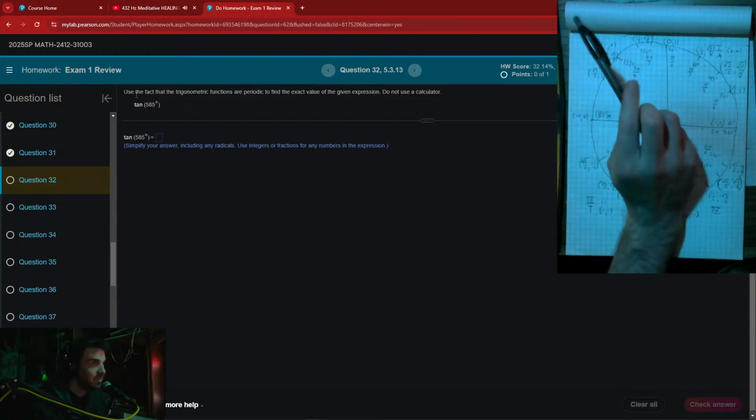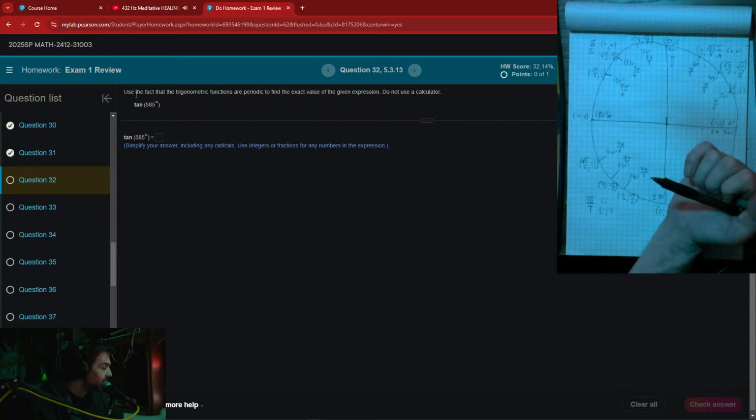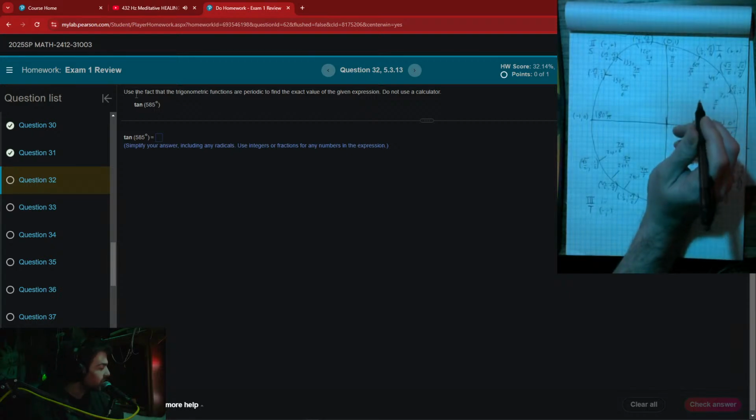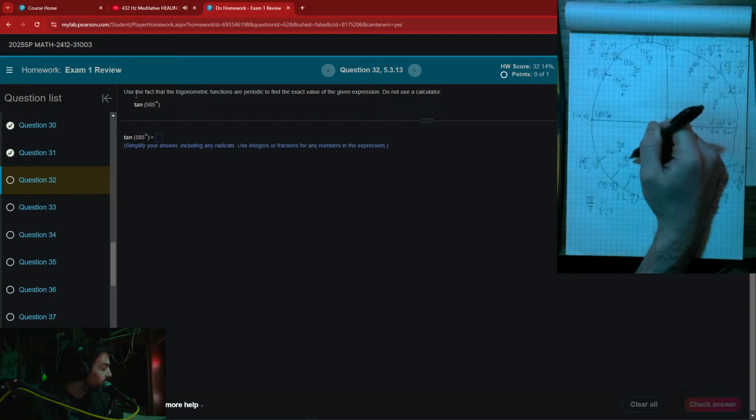Cotangent and tangent are only 1 pi because you're gonna get the same value as your answer for those two, whether you do it in quadrant 1 or 3, right?